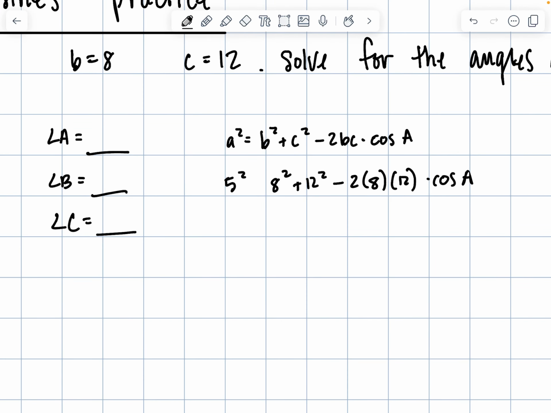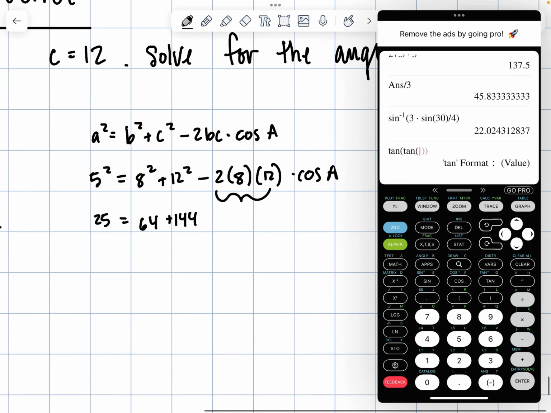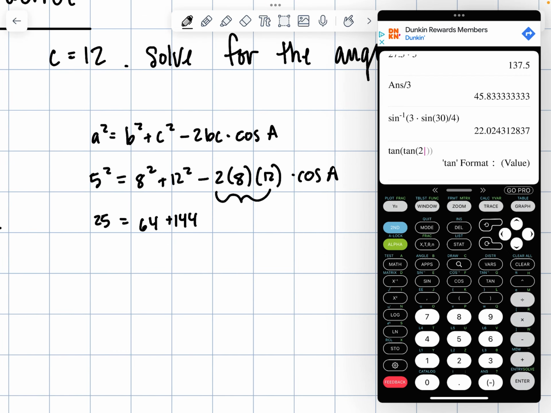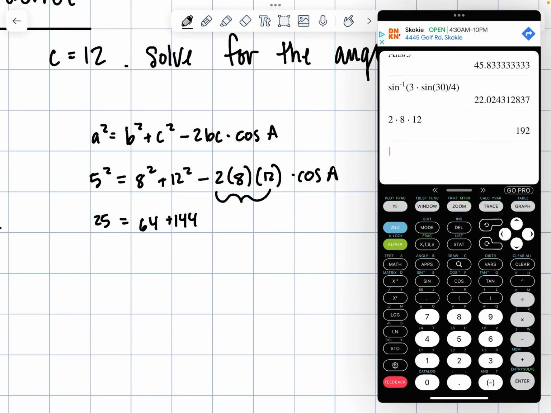This is supposed to say an equal sign. And we could start calculating some things. 5 squared, 25. 8 squared, 64. 12 squared, 144. Let's clear all this. 2 times 8 times 12 is equal to 192.